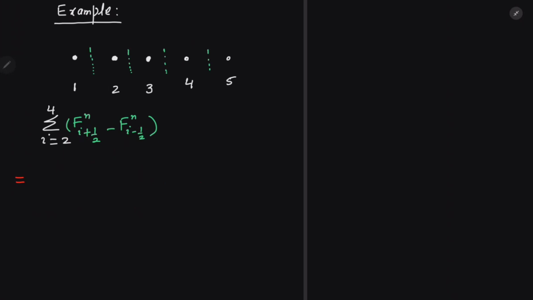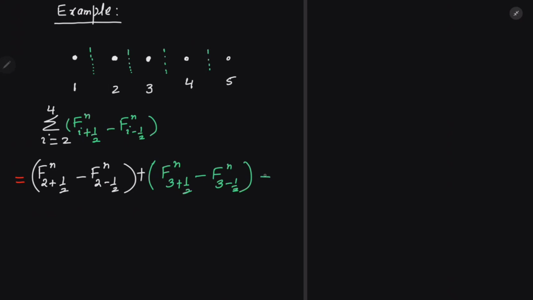So we can write F^n at 2 plus 1/2 minus F^n at 2 minus 1/2, plus F^n at 3 plus 1/2 minus F^n at 3 minus 1/2, plus F^n at 4 plus 1/2 minus F^n at 4 minus 1/2.